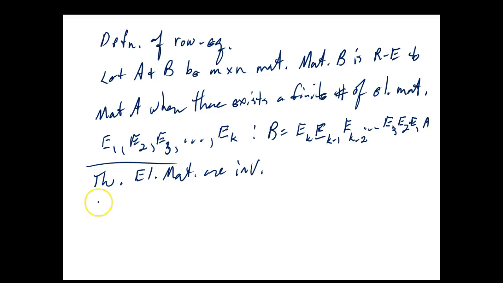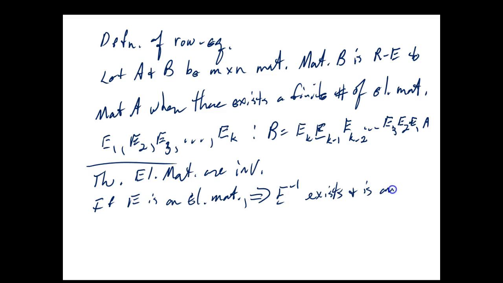Here's how you state it. If E is an elementary matrix, then E inverse exists and is an elementary matrix.